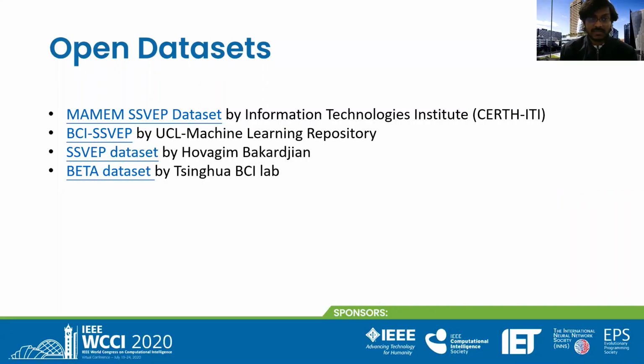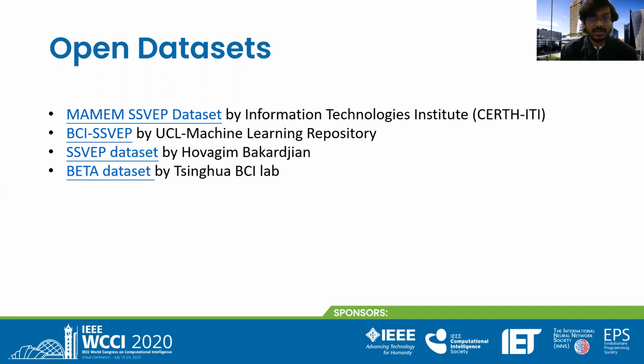So we have SSVEP, we know the paradigm, and we have some basic methodology to detect the commands produced due to SSVEP from the occipital lobe using the EEG signal. There are also a lot of open data sets available. Some of the famous ones are the SSVEP data set from the Information Technology Institute and the UCL Machine Learning Repository.